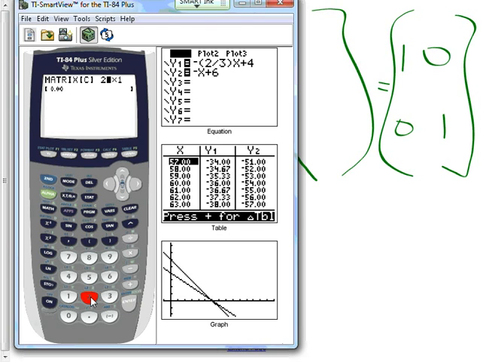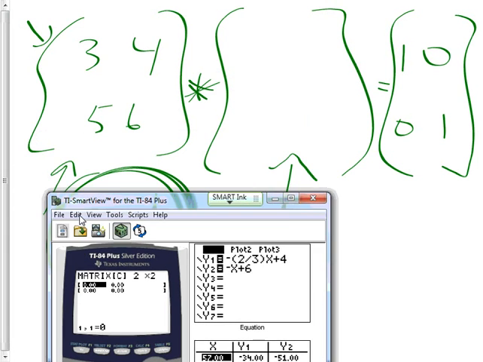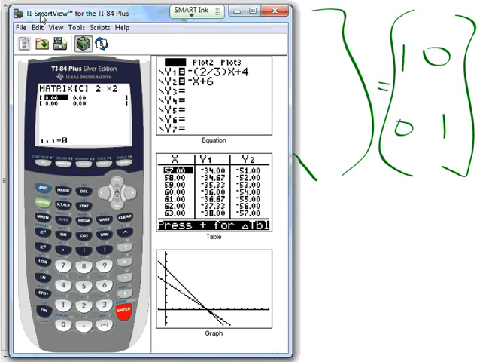And I want it to be a 2 by 2, so I enter 2. And now I'm in the matrix. Mine's all zeros to start with, so I'm going to put in what it is. And this one is 3, 4, 5, 6. 3, enter 4, enter 5, enter 6, enter. Got my matrix in. That's matrix C.